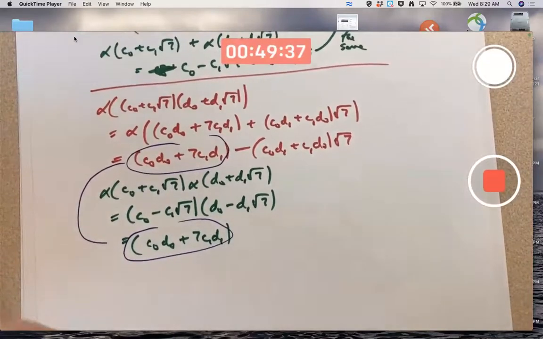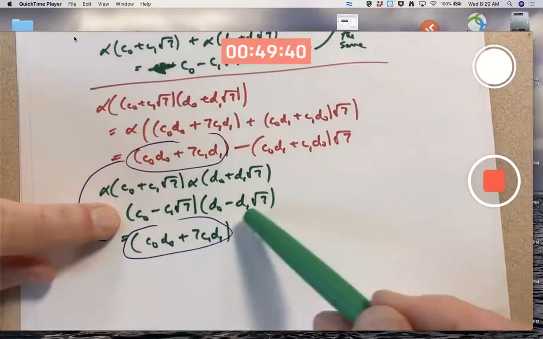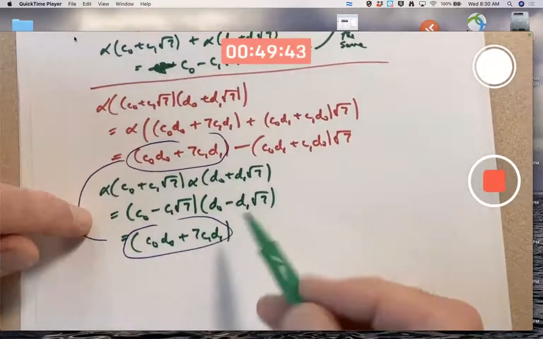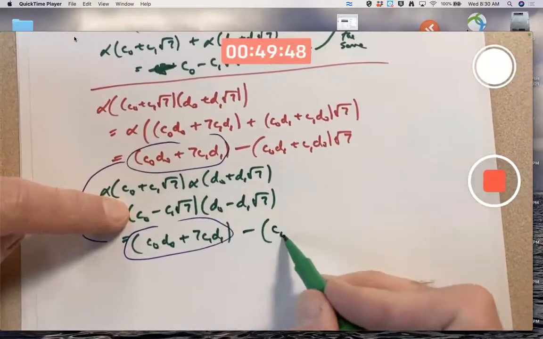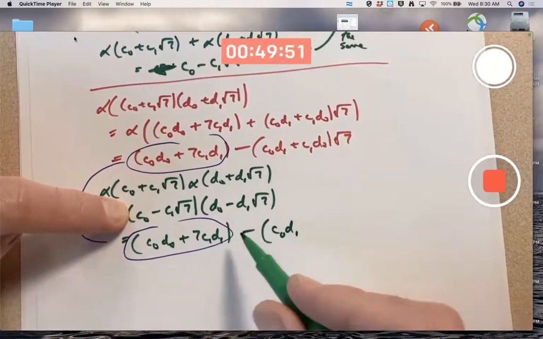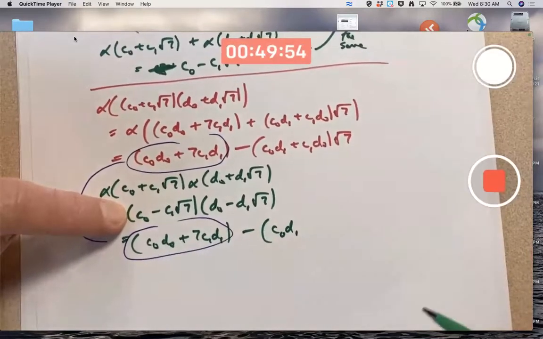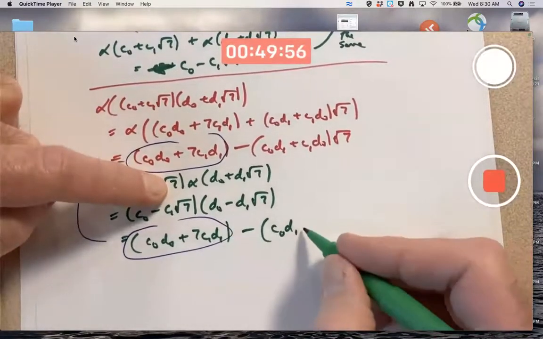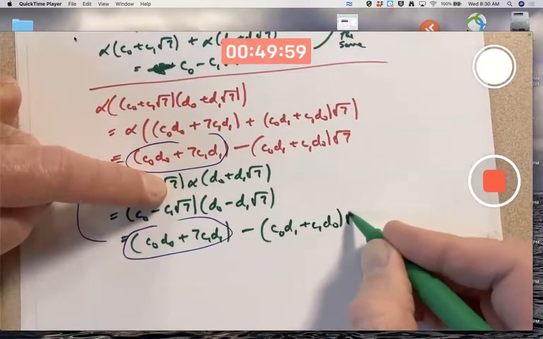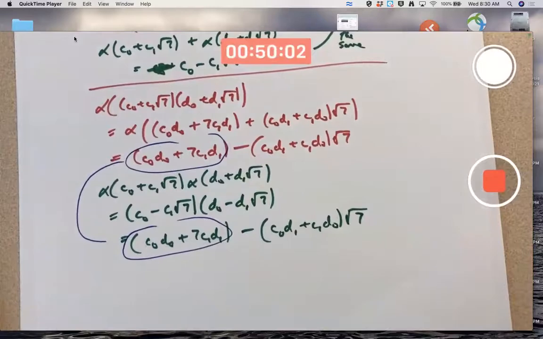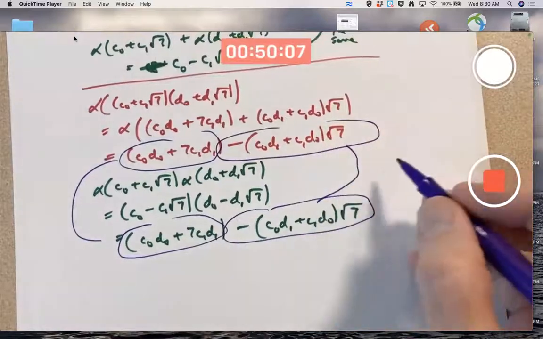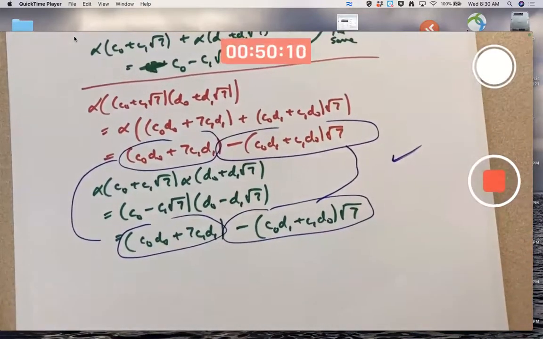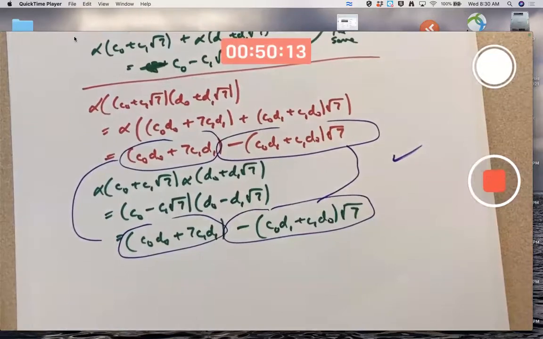Those two things match. What about what I get from the outside and inside products? Well, in both cases, there's a minus sign. C0 times D1 is outside times outside, and inside times inside is C1 D0. Don't forget about your root 7. And so these match. Done. It preserves multiplication as well. Alpha is doubly operation preserving.